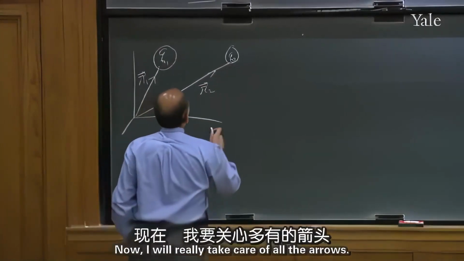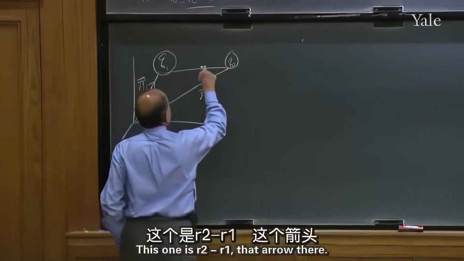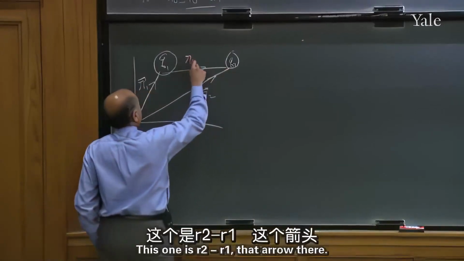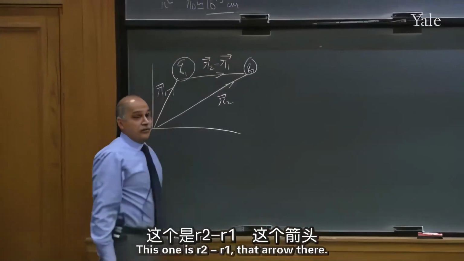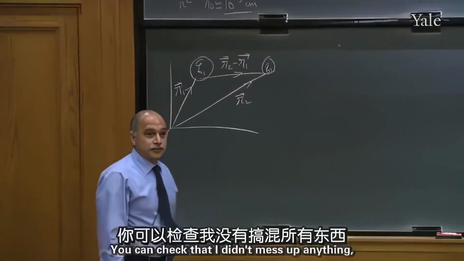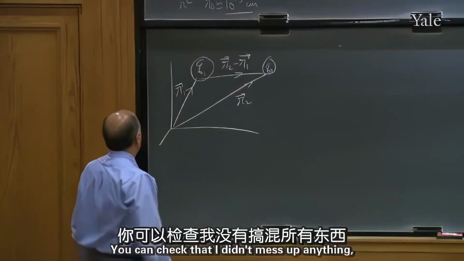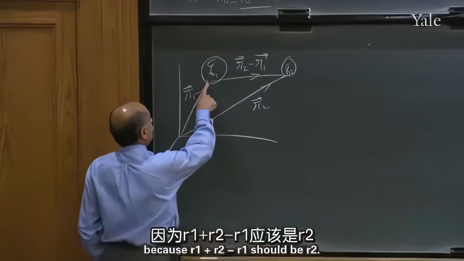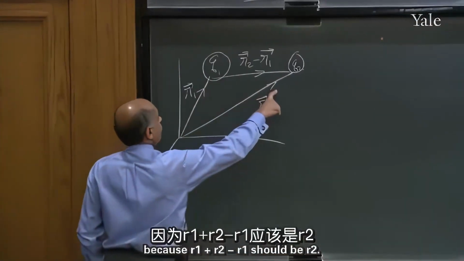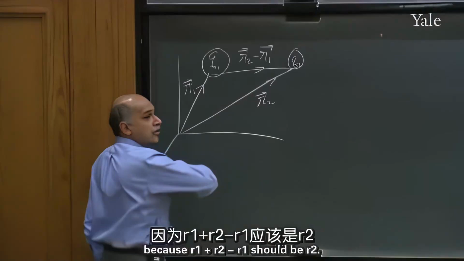Now I will really take care of all the arrows. This one is r2 minus r1, that arrow there. You can check that I didn't mess up anything, because r1 plus (r2 minus r1) should be r2.